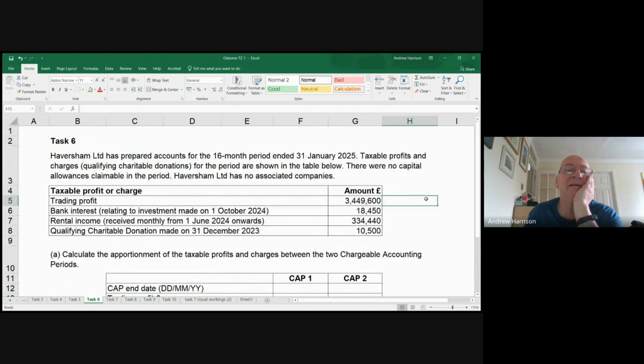So first thing, 16-month period ending 31st of January. So a little bit like some other questions with dates. According to examiners, students do get things like this wrong. Not taking enough time, not doing the calculations. So there's no harm in writing out a little calendar or line of months on a bit of paper just to be absolutely sure about it and make sure we're actually getting it.